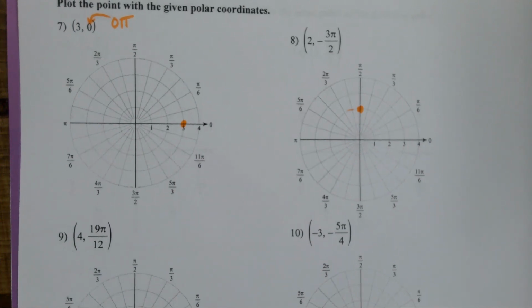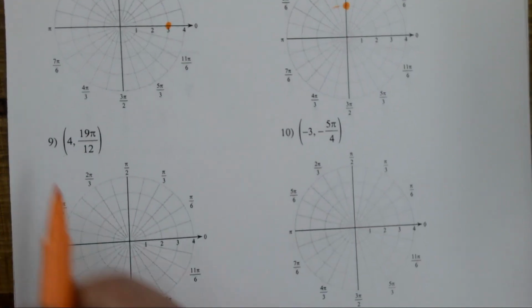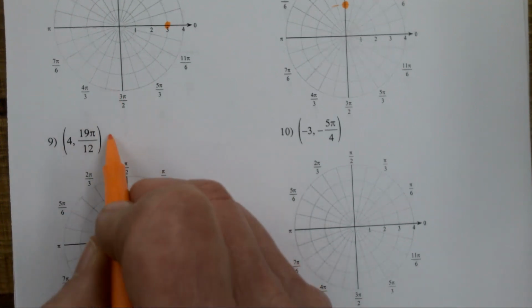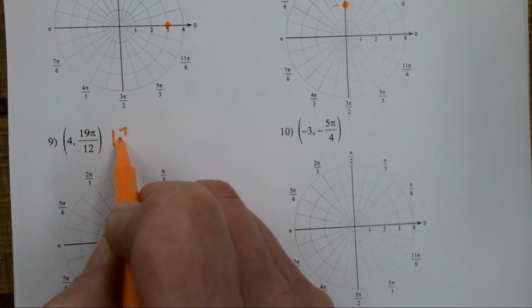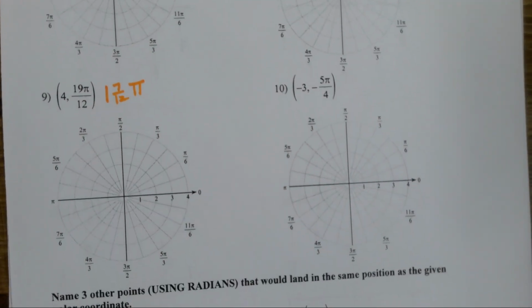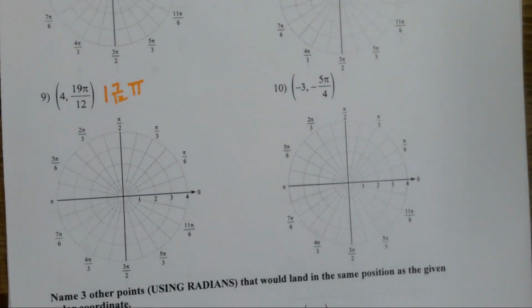And so for my next one, I am moving a radius of 4, and I'm moving 19 pi over 12. Well, 19 pi over 12 is 1 7/12 pi. So that's 1 and a little more than half pi, just like when we were graphing our angles.